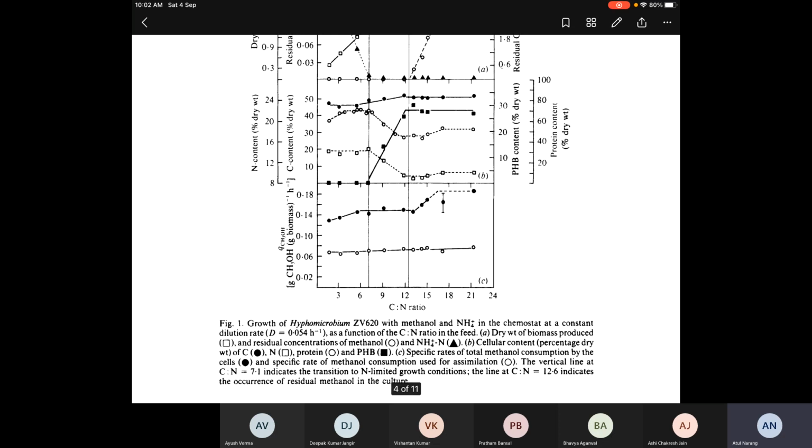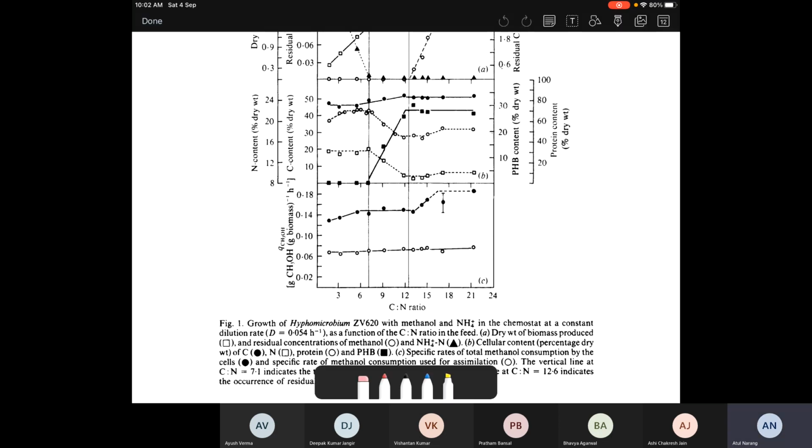Okay, so this is an experiment. First, I need to describe the experiment. Notice that the dilution rate is fixed. So this is a chemostat experiment in which this is not one experiment. This is a series of experiments in which you have fixed the flow rate, the volume of the reactor, and therefore the dilution rate. It is fixed at D equal to 0.05 per hour, which corresponds to a doubling time of almost 100 hours.